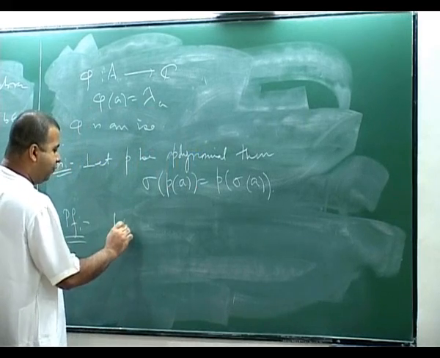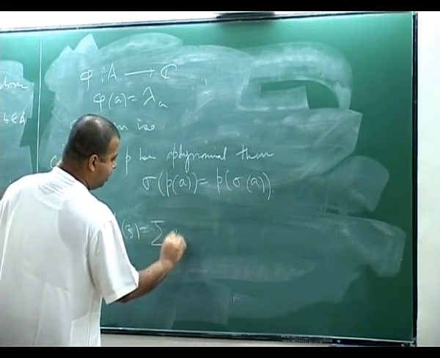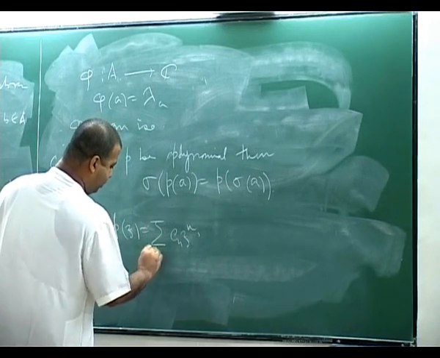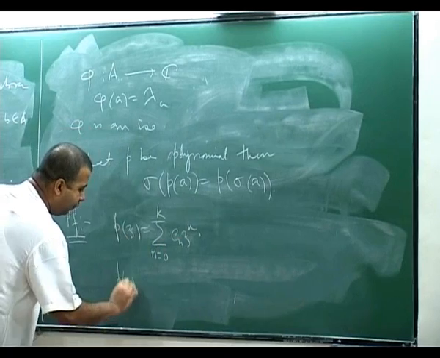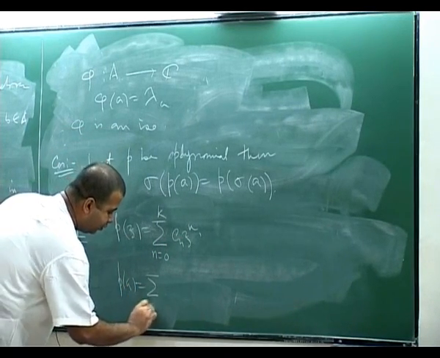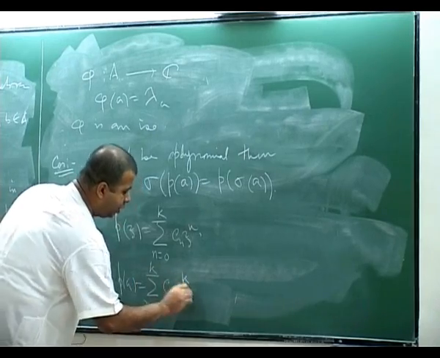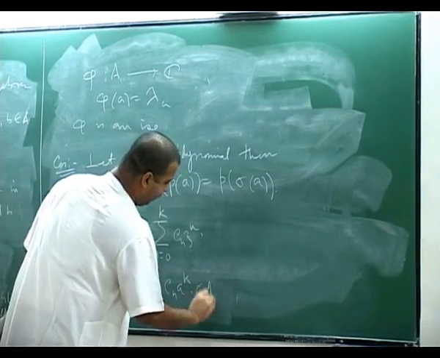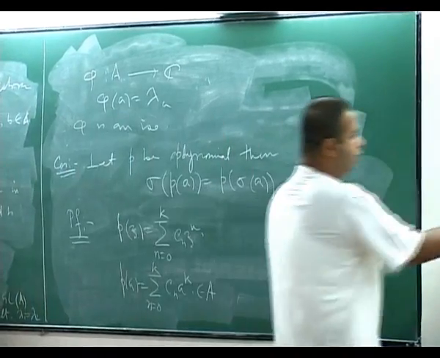Suppose P of Z is summation Cn Z power n, then P of A has the obvious meaning, so this is an element in the Banach algebra, and the proposition says that the spectrum is P of the spectrum of A.